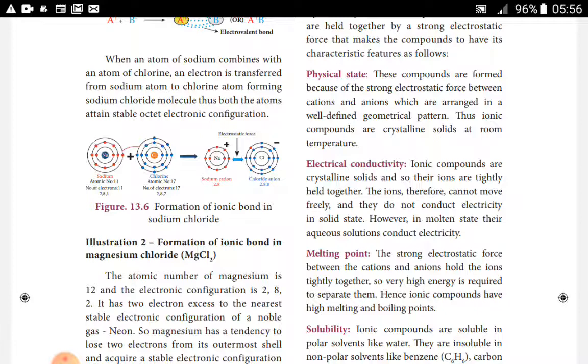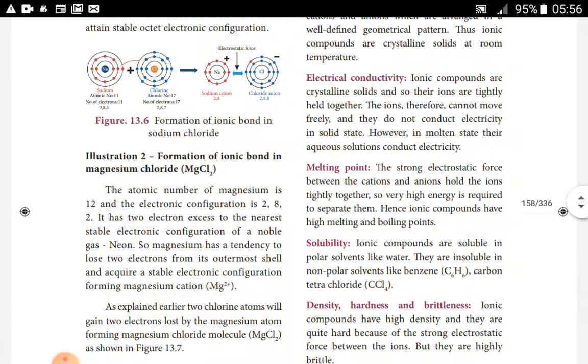First is the physical state. These compounds are formed because of the strong electrostatic force of attraction between opposite cation and anion. So they are going to be solid at room temperature. The physical state is crystalline solid at room temperature. That point you have to note down. Then electrical conductivity. These compounds and atoms are held together by a strong force of attraction, so they will not easily conduct electricity in the normal solid state.